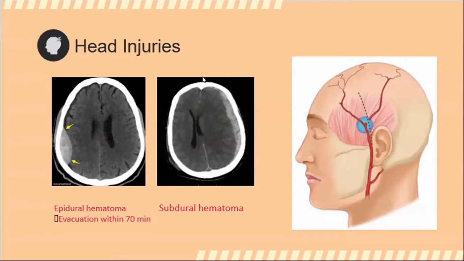So yung epidural hematoma, meron tinatawag na lucid interval yung patients, pero not always, hindi naman palagi. So there's loss of consciousness, then nagkakaroon ng brief interval na nagiging okay yung patient, then suddenly mag-drop yung GCS, yung sensorium.